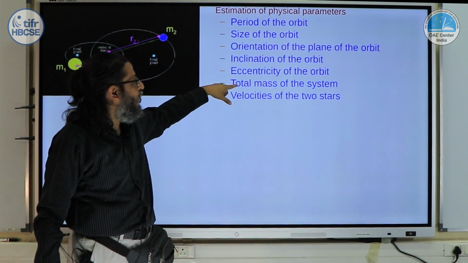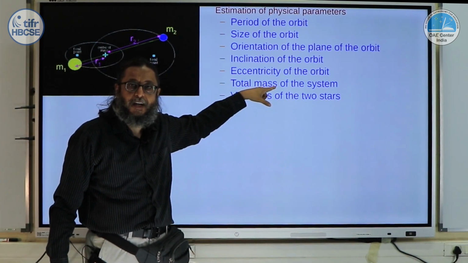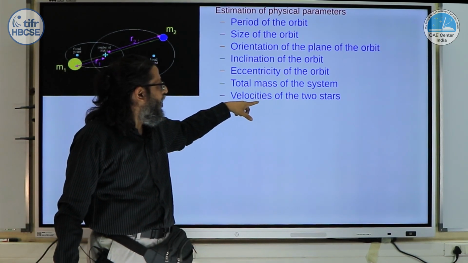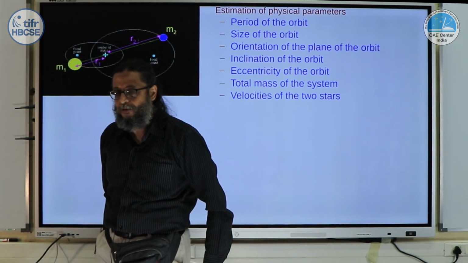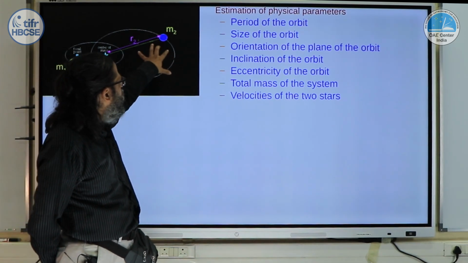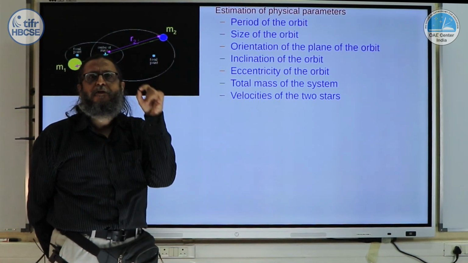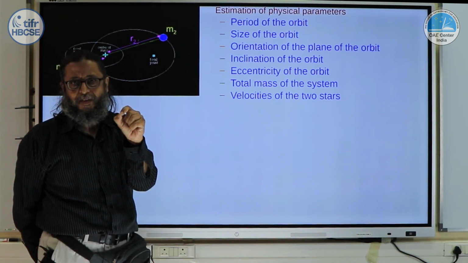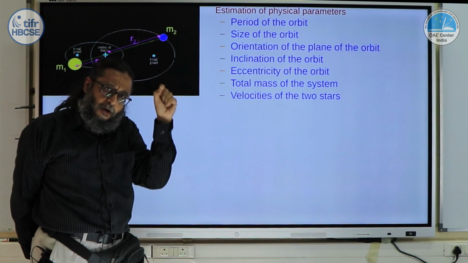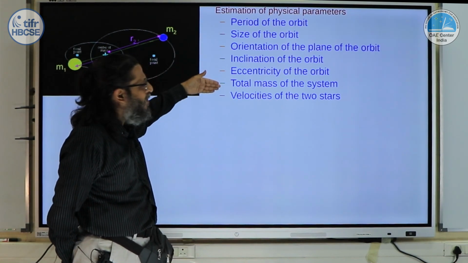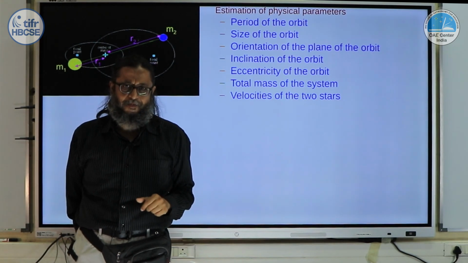Then, of course, the total mass of the system, because to understand the dynamics of the whole system, we have to know the masses and the velocities of the two stars. Now, you see, when it comes to two objects which are spatially resolved and you can see them over the whole binary period, then all of these you can measure directly.